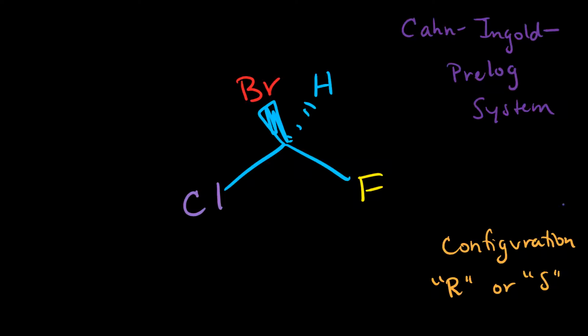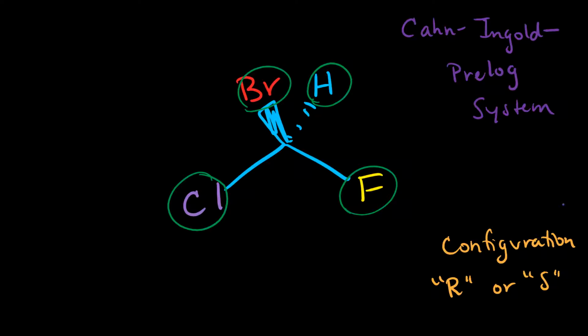And the first thing we're going to do is to identify the four groups about the chiral center. So we obviously have hydrogen, bromine, chlorine, and fluorine. Then we need to prioritize them. And we're going to do this by simply the molar mass of the atom that's directly connected to the carbon.